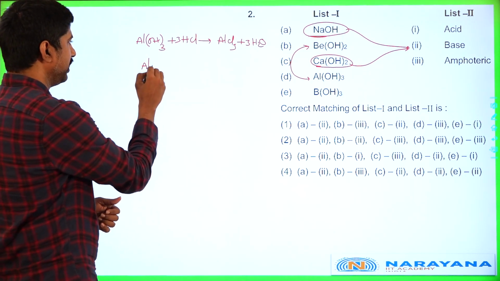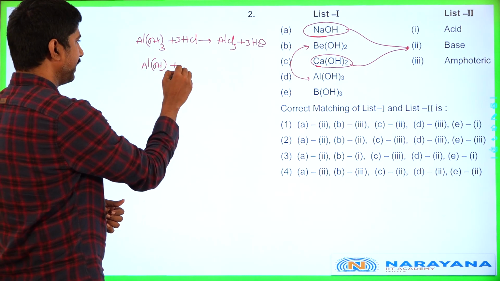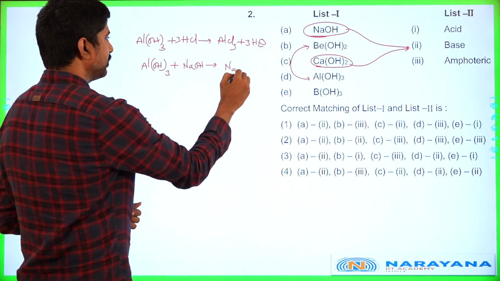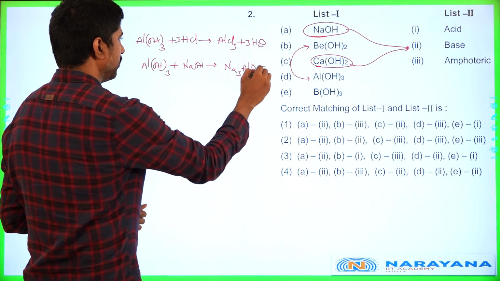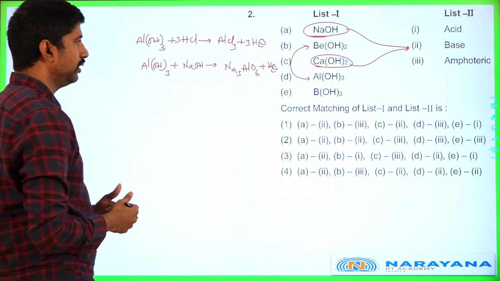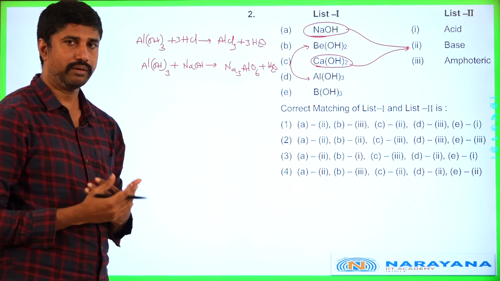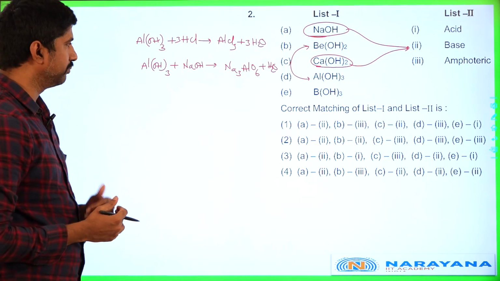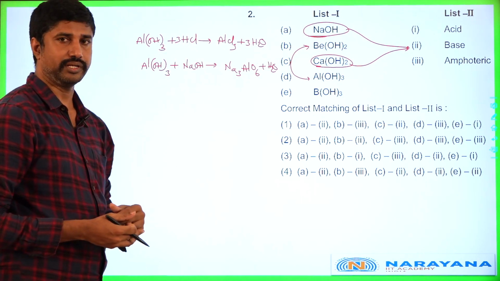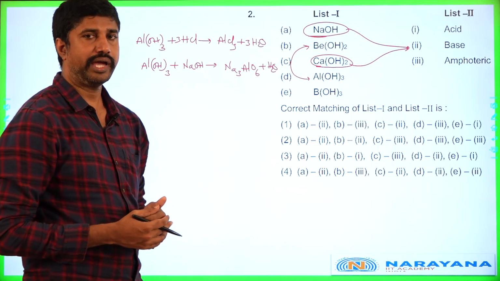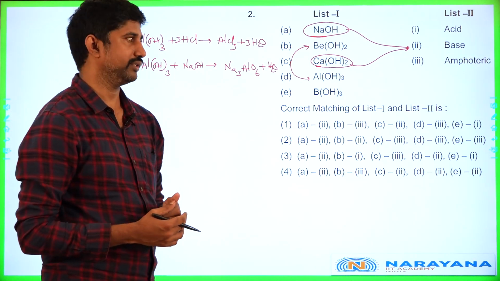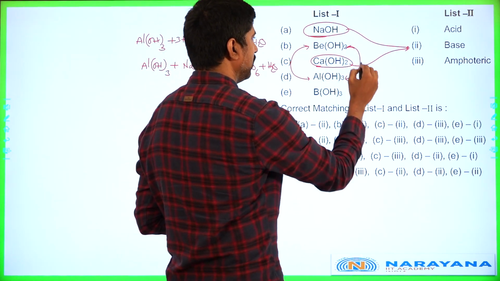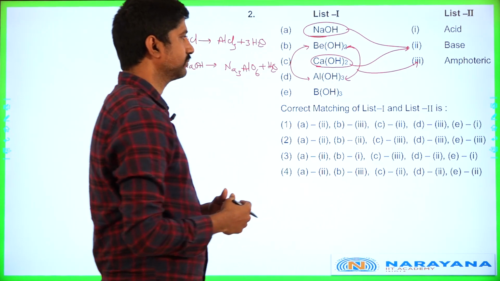Whereas the same Al(OH)3 can also combine with excess sodium hydroxide and form Na3AlO6 plus H2O. This means aluminum hydroxide is capable of combining with both NaOH as well as HCl, so its nature is amphoteric. So both beryllium and aluminum hydroxides are amphoteric in nature.